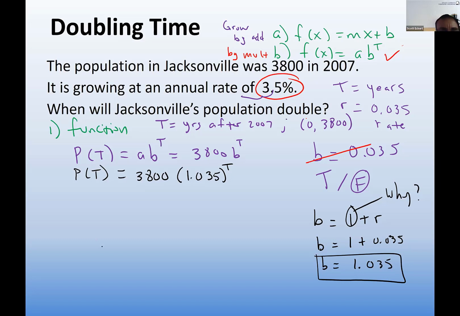So let's say we have 2,000 people in town this year, just to keep the math simple.